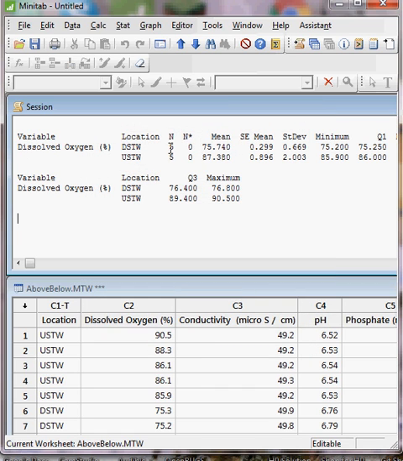And if we run this through, we find that we've got 5 observations for each, and the mean at site DSTW is 75, the mean at site USTW is 87. One thing we might be a little concerned about is that the standard deviation at these two sites does look like it might be very different. For now, we'll just note that and think about that later.